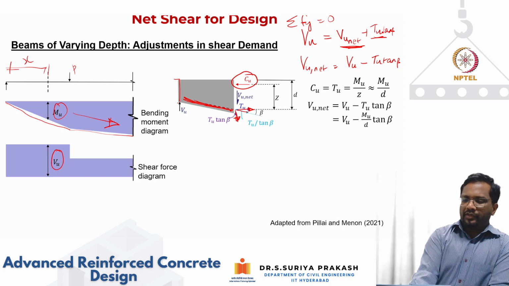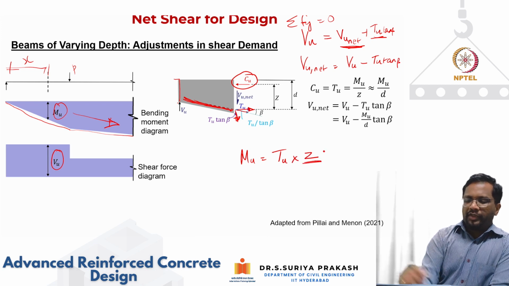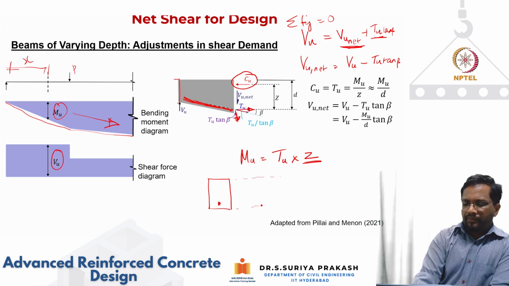So what we can say here is, how is the moment resistance going to come? We know that it is going to be tension force multiplied by lever arm. I need to find the value of the lever arm. Okay, so if you know this cross section, right? Let's say I have some steel here, right?